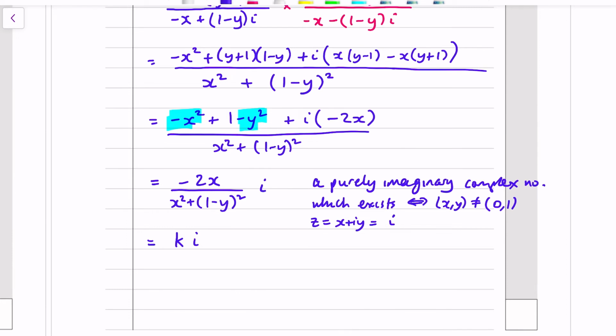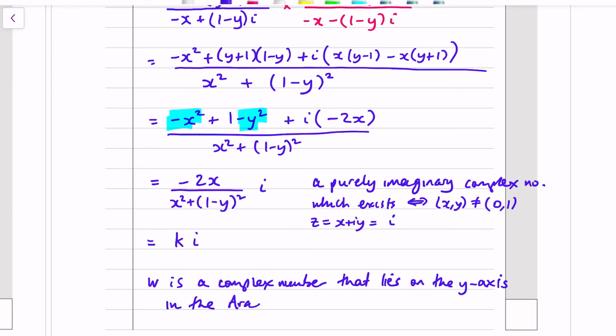So the geometric interpretation of this is w is a complex number that lies on the y-axis in the Argand plane. Alrighty, so there was an original restriction on what z could be, but w can be any complex number on that line.